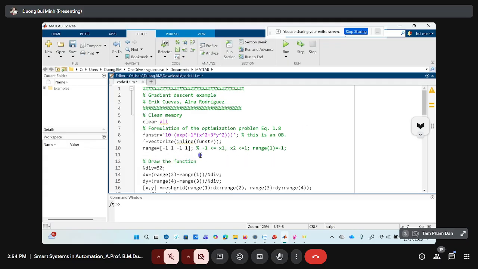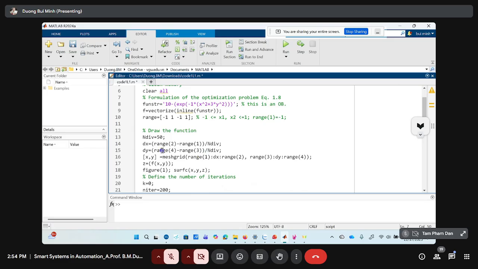So we have dx and we have dy, and so you can draw the objective function.